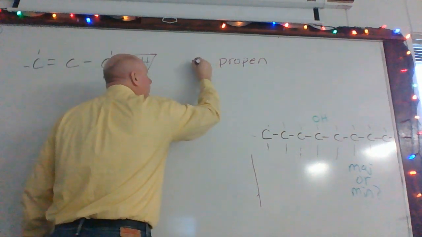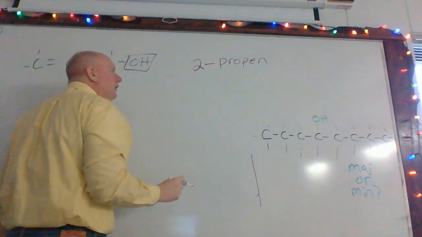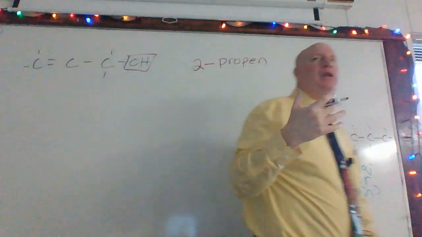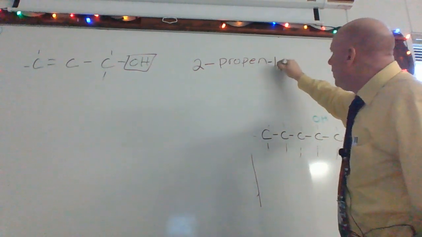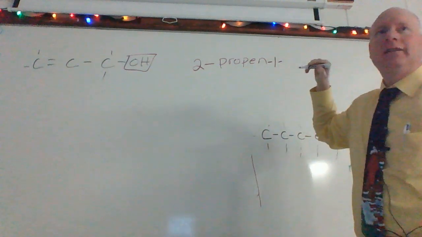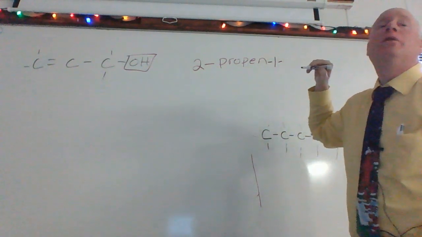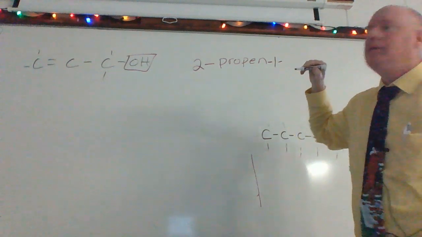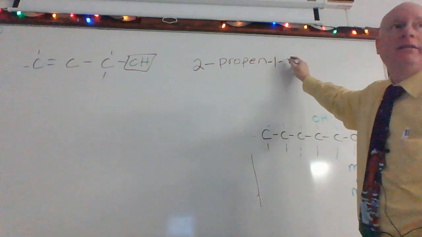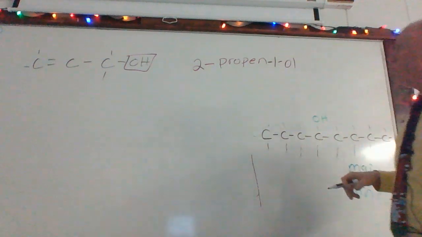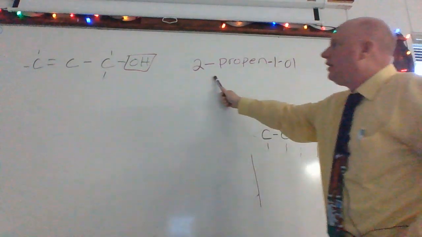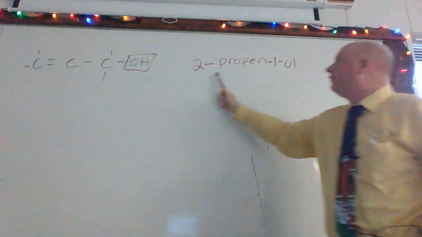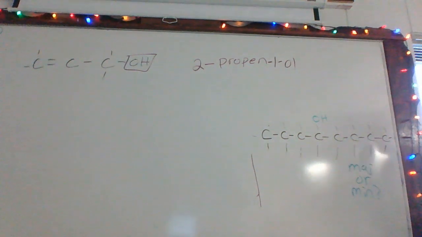So we've got 2-propene, then oddly enough, we go way out here to the right-hand side, -1, and how do we know it's an alcohol? How do we name that? OL. Yep. 2-propene-1-ol. This takes place when we have these types of compounds where there's a double bond located. Good question.